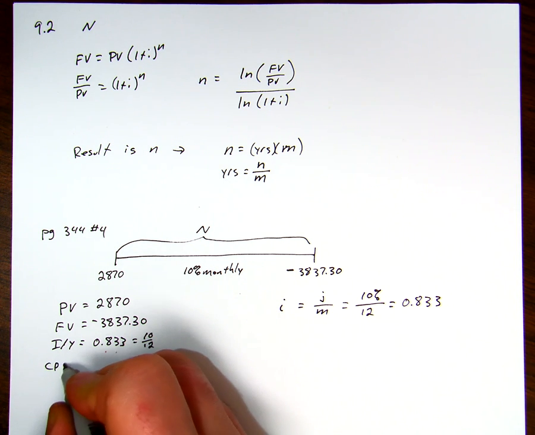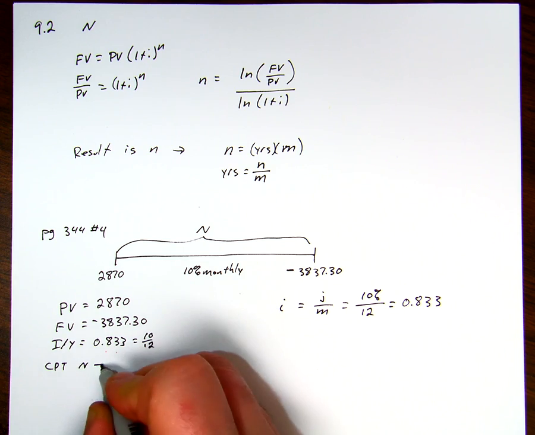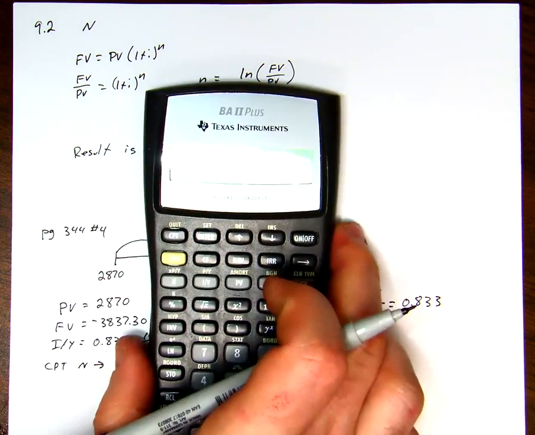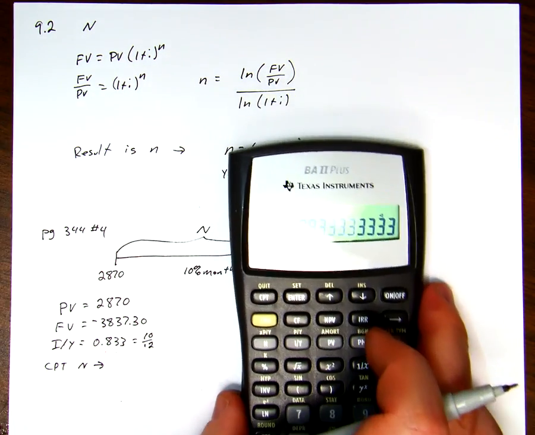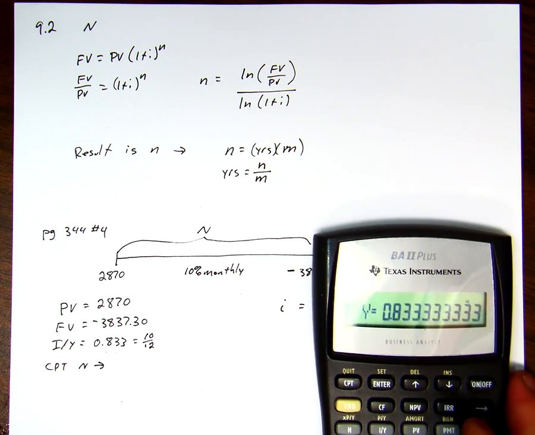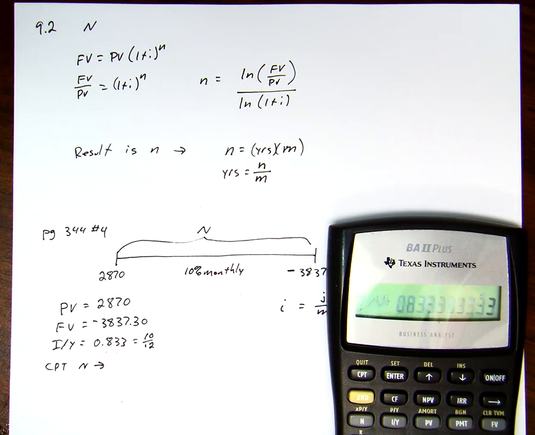We're now going to compute the value of n. Put the values into the calculator. So we're saying 2870, this is going to be our present value. 3837.30, negative, is going to be our future value.